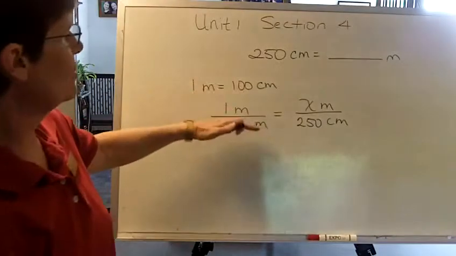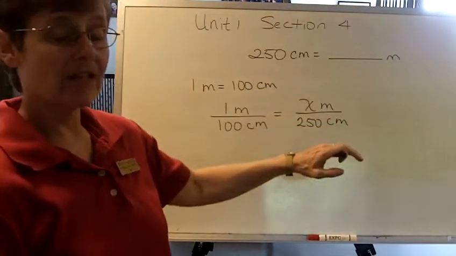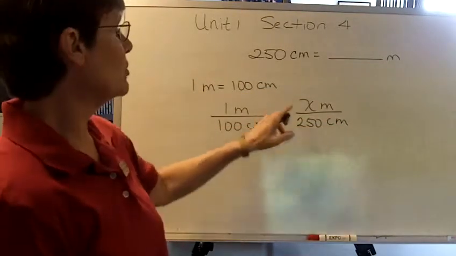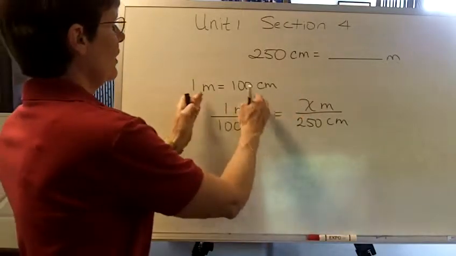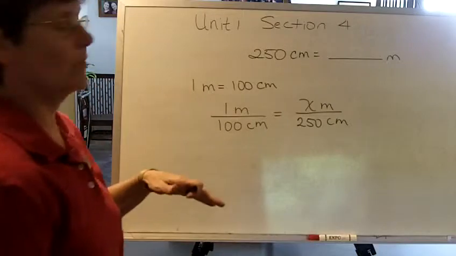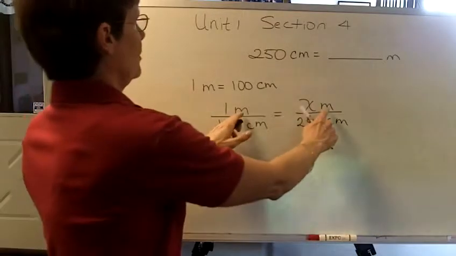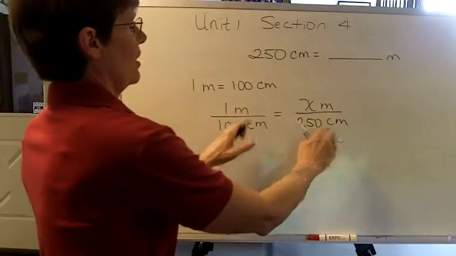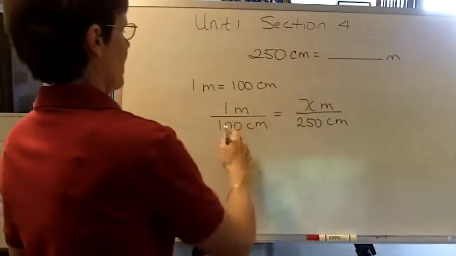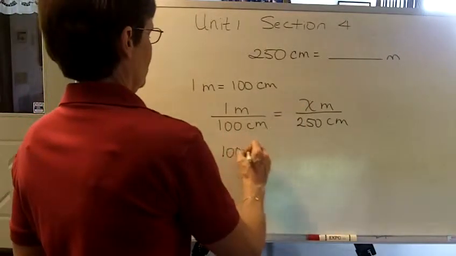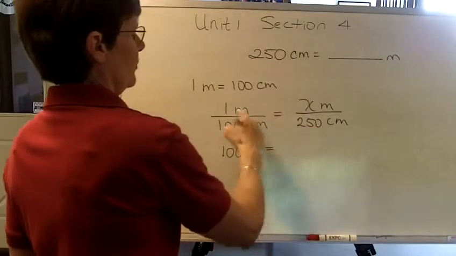So this ratio and this ratio have to be the same. We just don't know what number goes in here. But you can set this up as long as we have these two things from your list of equivalencies, and these are the same and these are the same in the same positions in the fraction. Then we can cross multiply. So x times 100 equals 250 times 1.